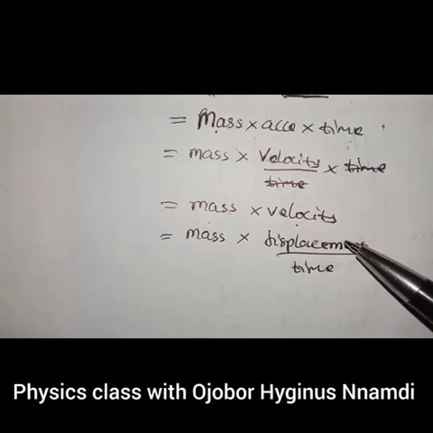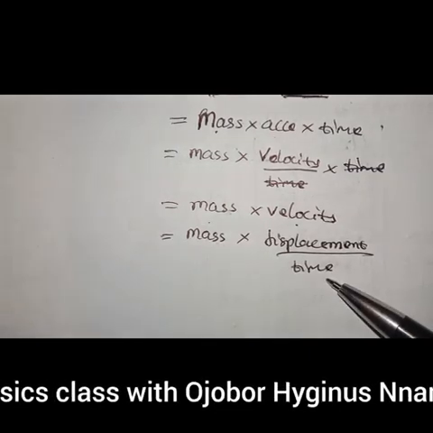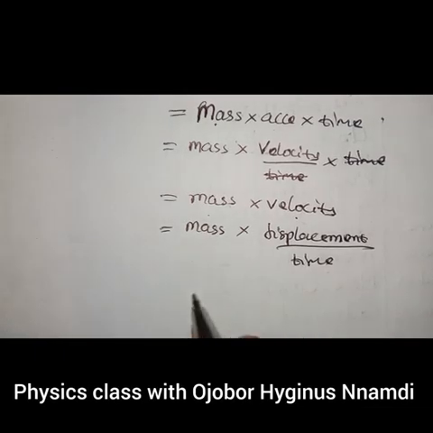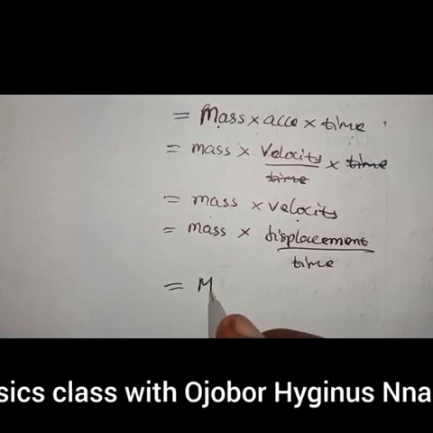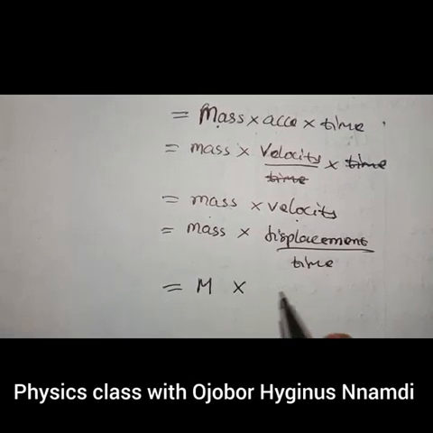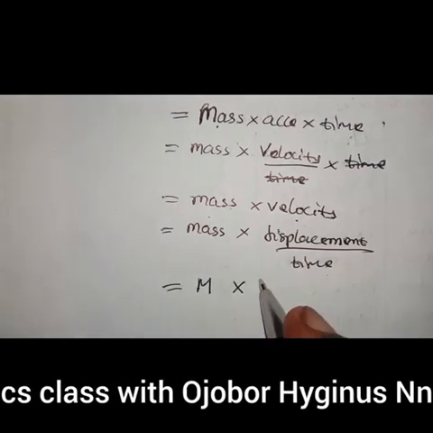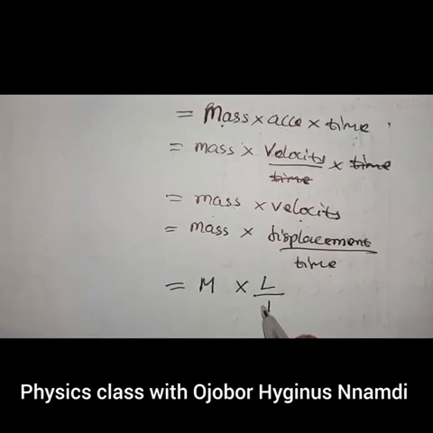So this is complete. The dimension of mass, as we've written before, is capital M, times the dimension of displacement, which is equivalent to length, is capital L, while the dimension of time is capital T.